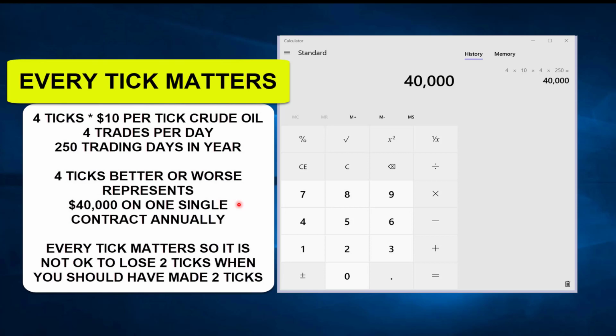So if you're constantly giving up 4 ticks of your profit and you do it 4 times a day, the real world cost on only one contract is $40,000 over a year.